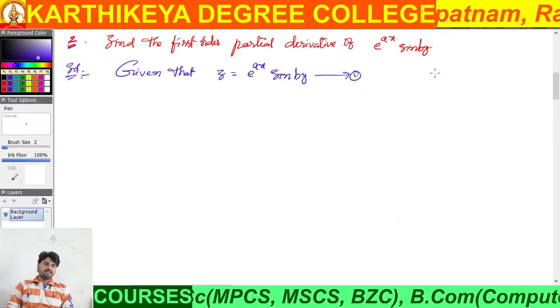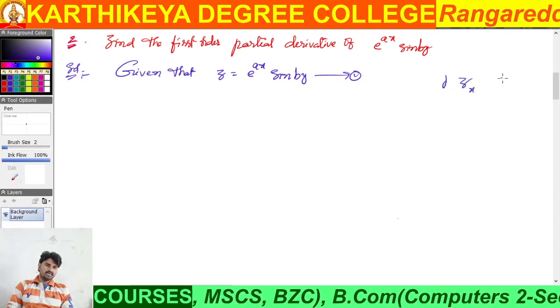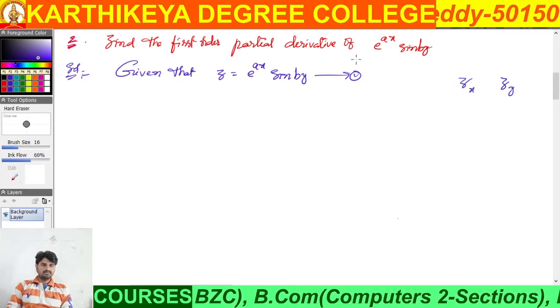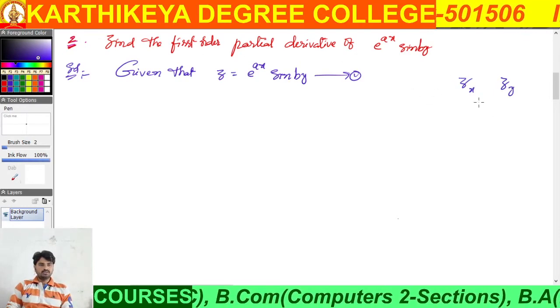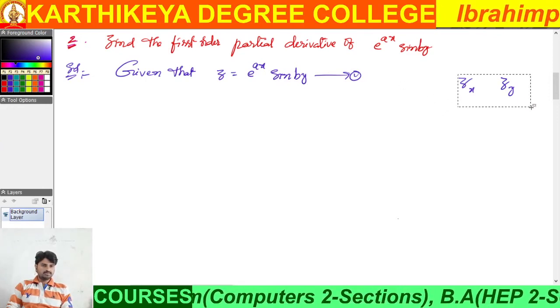Now I have already told you the first order partial derivatives mean z_x and z_y. They are the first order partial derivatives. Now I am going to differentiate the function with respect to x and with respect to y.